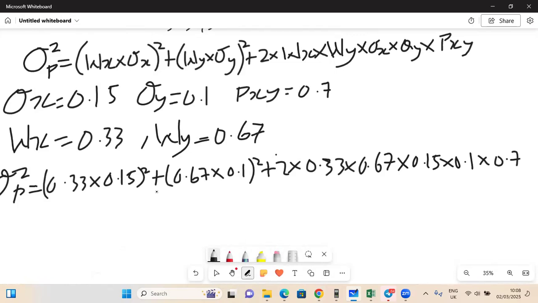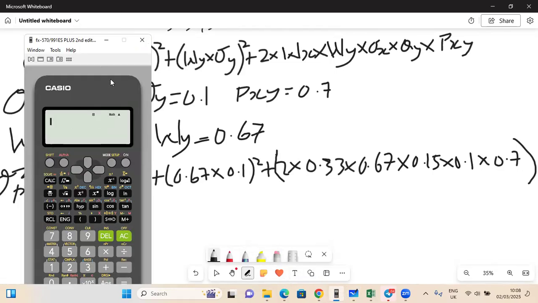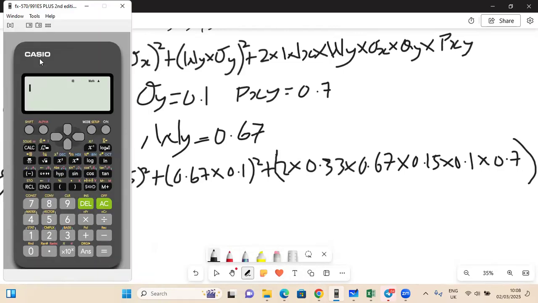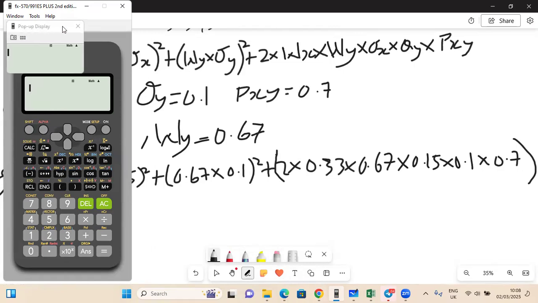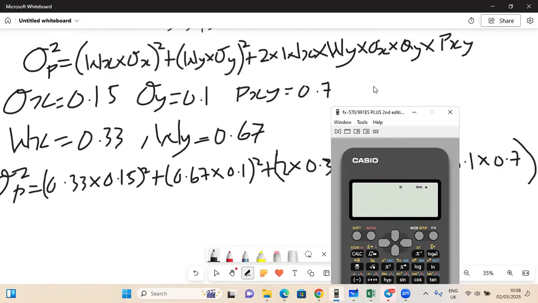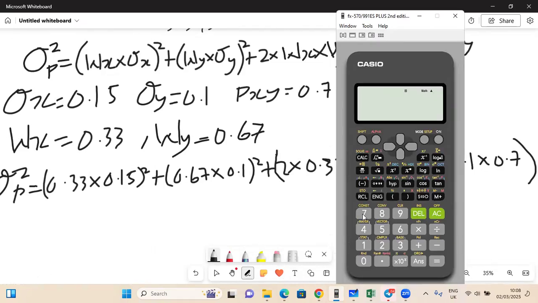So if you're putting it on the calculator, the advisable thing is to put it here in the bracket.